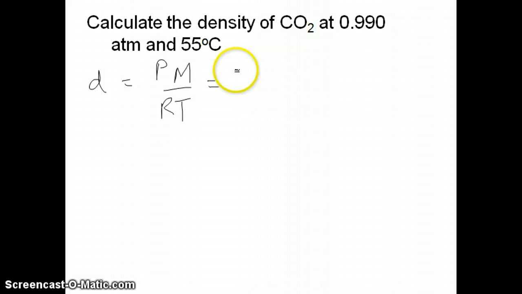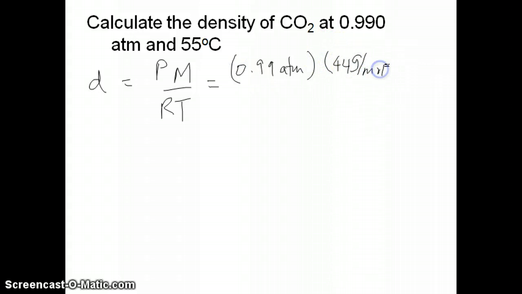And it's just a matter of plugging in the information you have into that equation. So you have 0.99 atmosphere. You have a molar mass, which in this case of CO2 will be just 44 grams per mole. That I get from the periodic table.